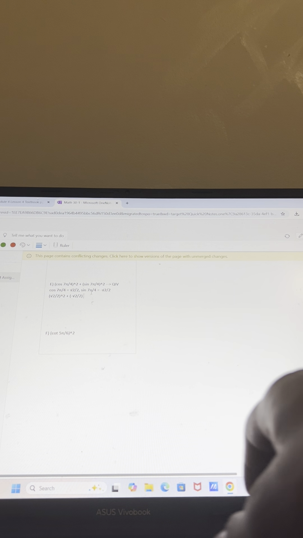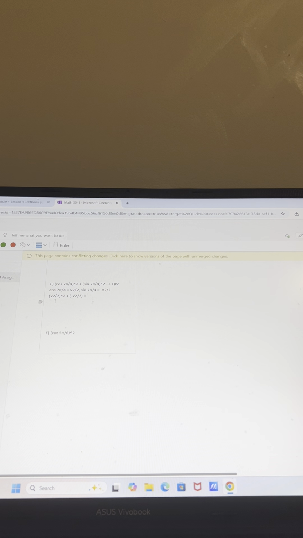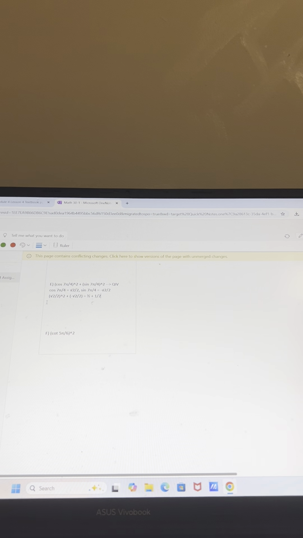And once we do that, we're going to get 2 over 4, which simplifies to 1 over 2, plus 1 over 2. And this is going to be equal to 1. So that's it for E.